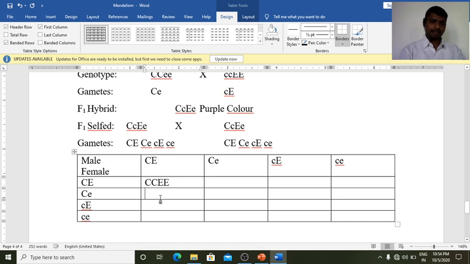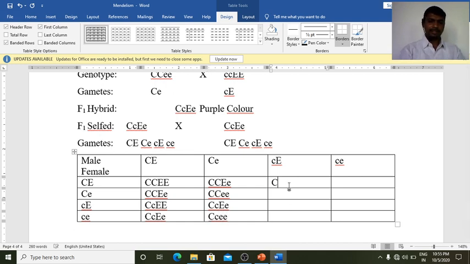Here capital CC, capital E, small e. Here capital C, small c, capital E, capital E. Here capital C, small c, capital E, small e. Now here is capital CC, capital E, small e, capital CC, small e, capital C, small c, capital E, small e. Here capital C, small c, small e.